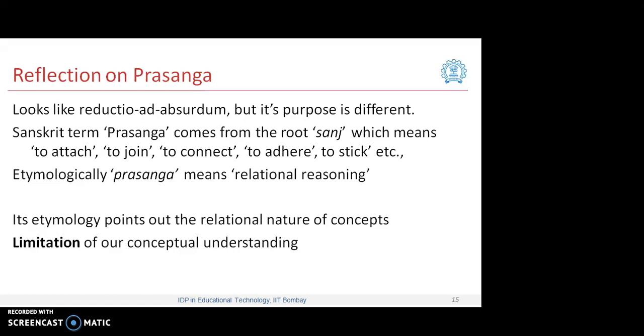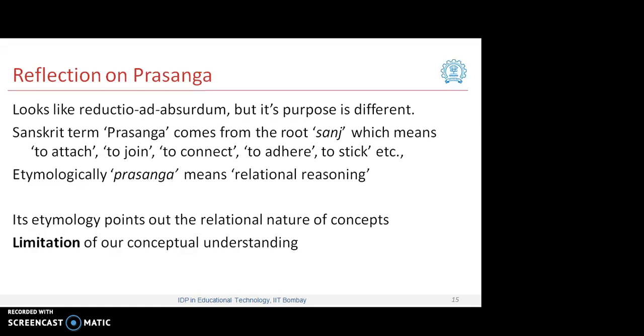But if we consider the purpose of this argument, it is not merely meant for the refutation of the opponents. In fact, it shows the limitation related to conceptual understanding. The vitanda is meant for merely refuting the others. That is the character of vitanda.